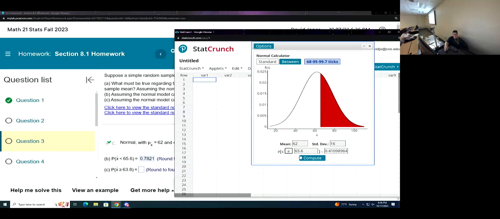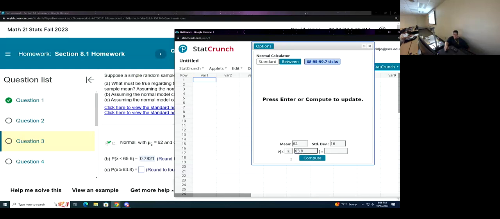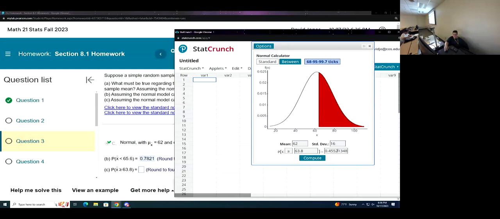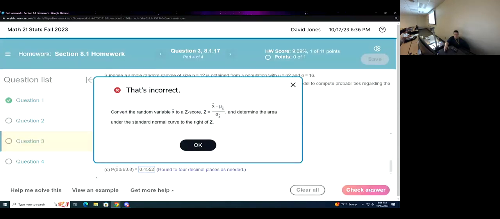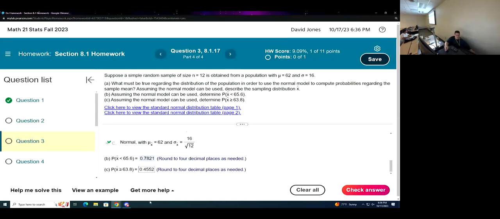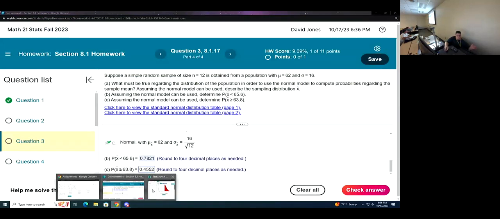Then it'll ask you for, this says greater than 63.8. Make sure your sign matches. They changed it up on us. Wow, 2 of them that I don't need to round up. Oh, you're right, I didn't change back.